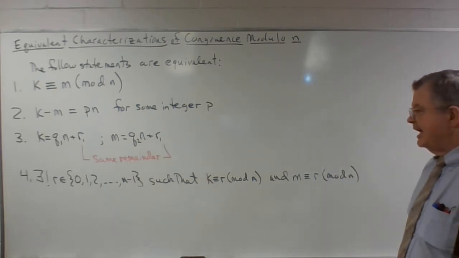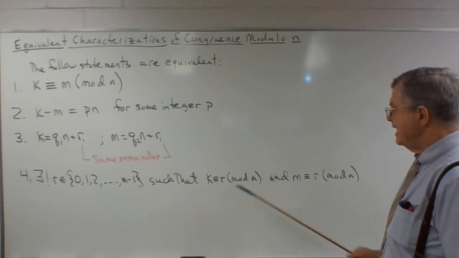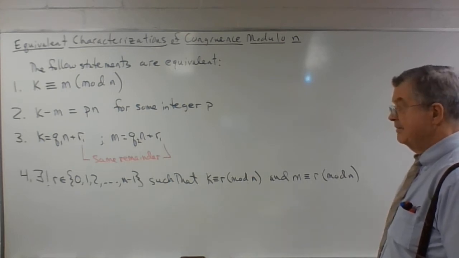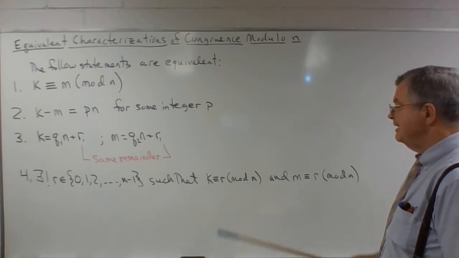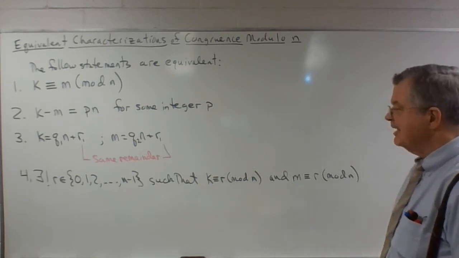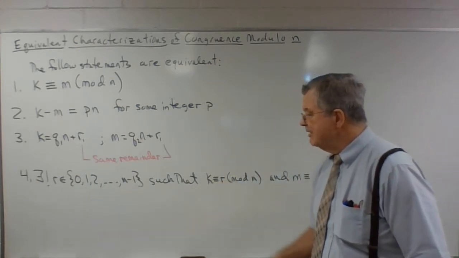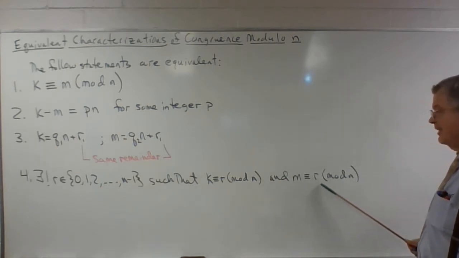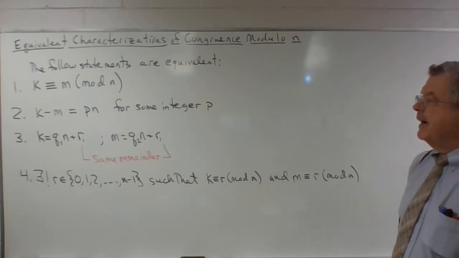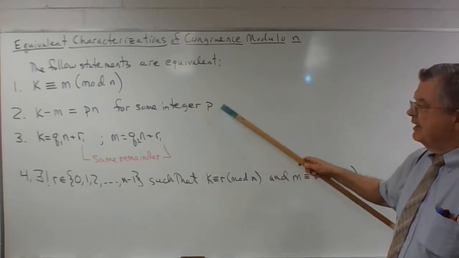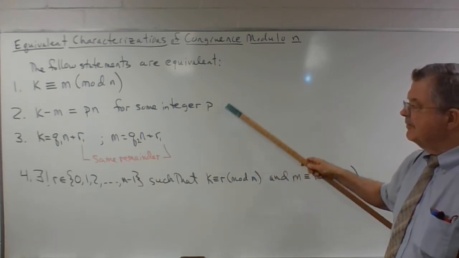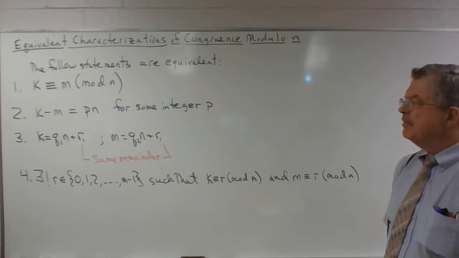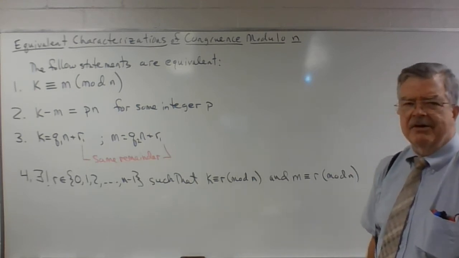And that's also the same as saying that k and m are congruent to the same remainder modulo n. Now, these are the biggies right here. These are the two criteria that we most commonly use to determine whether two integers k and m are congruent modulo n.